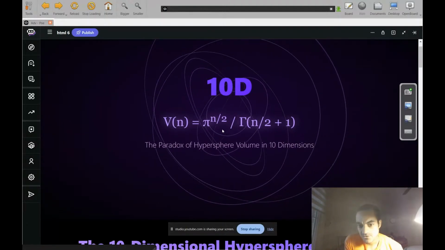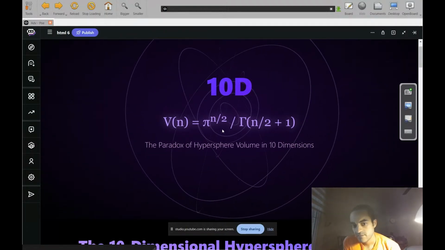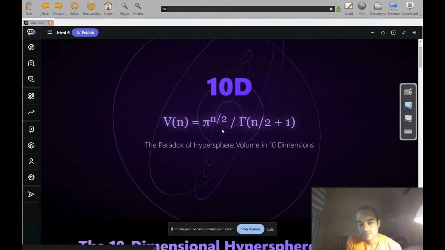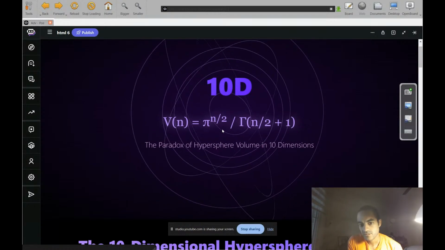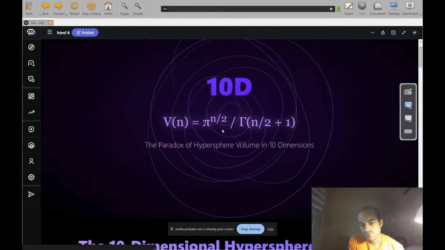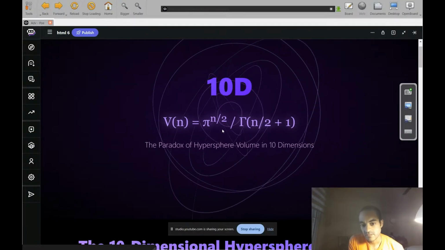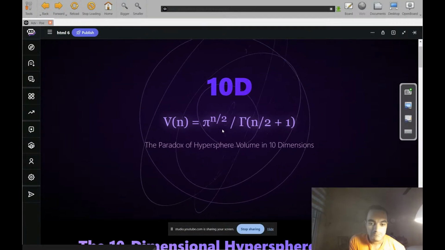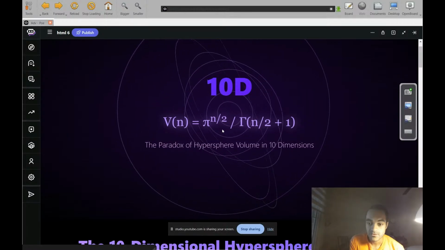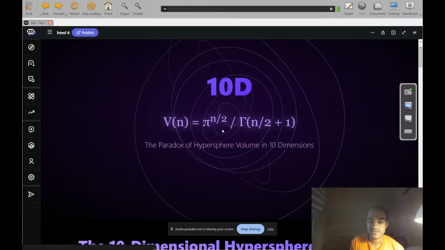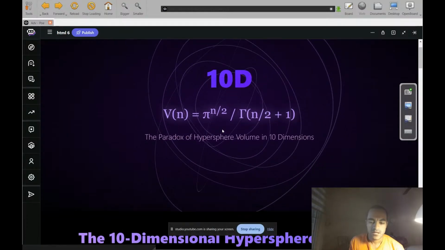Now, in 10 dimensions, you're having multiple rings and all sorts of concentric planes. You can have maybe X, Y, Z, T, or W into the fifth dimension.